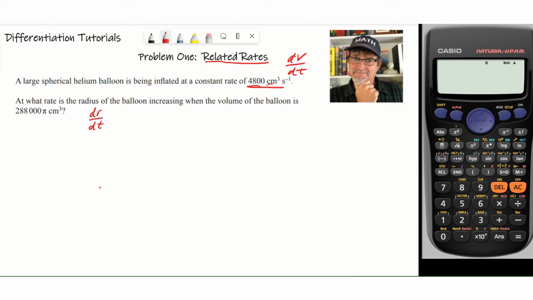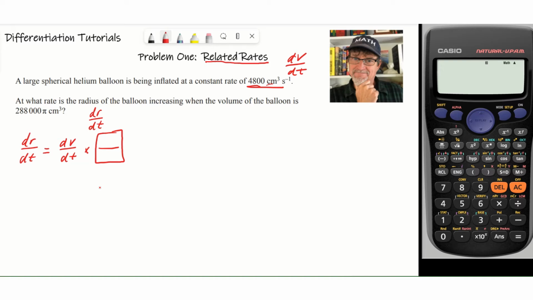So the first thing you want to do is write an equation which solves for the unknown that you want. In this case, dr/dt, the rate of change of the radius over time. So we're going to write dr/dt equals, well, the only thing I have in here so far is dV/dt, so I'll put that in. And then I've got to think about what I can multiply this by in order to get the ratio that I want.